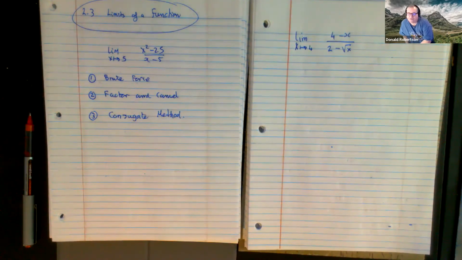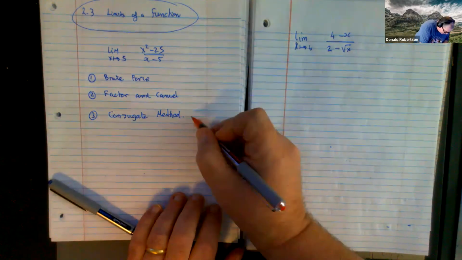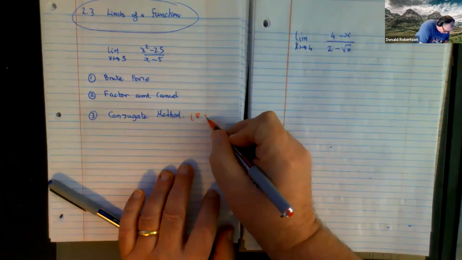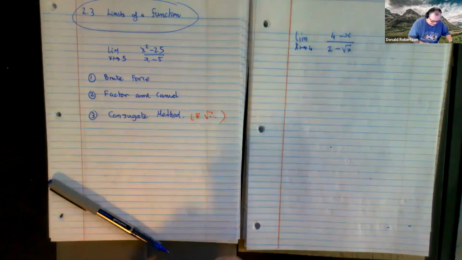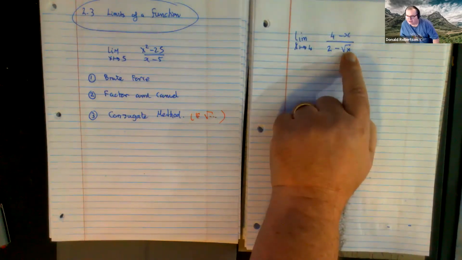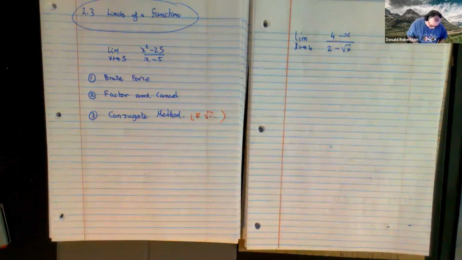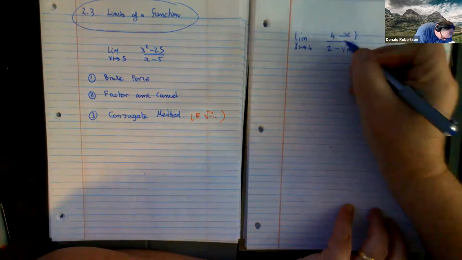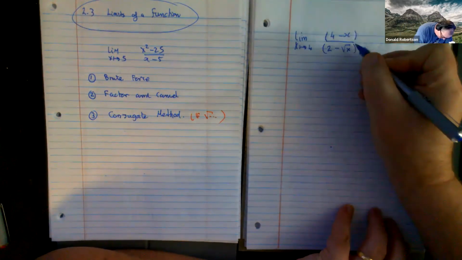Now, you might say, how do I know when to use the conjugate method? And the answer is, if there's a square root with x's in it, like the square root of x plus 1, or the square root of 2x, a square root with an x. The conjugate method is really magical.